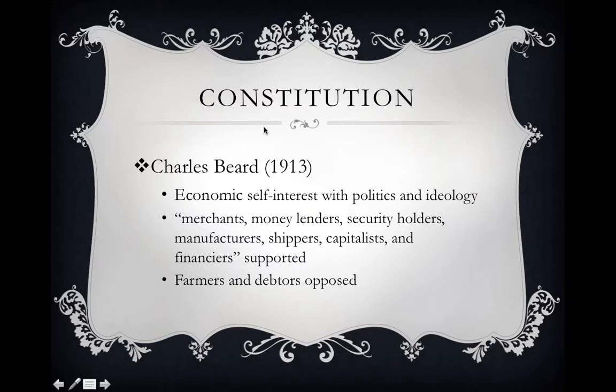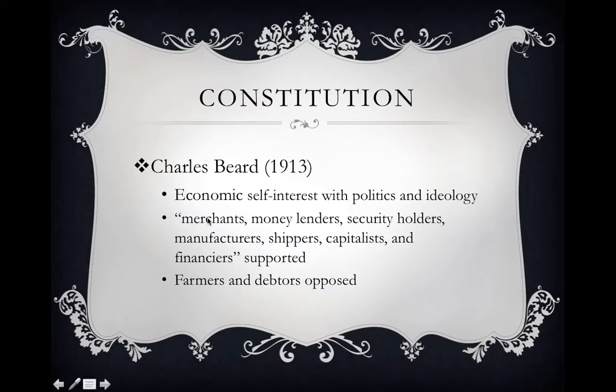Realize this individual's name, Charles Beard. He took a look at the Constitution, and he was one of the first people to look at it as a document of economic self-interest. So it was not just a political and an ideological document, but it was a document that was created partly from the economic self-interest of the individuals who created it.